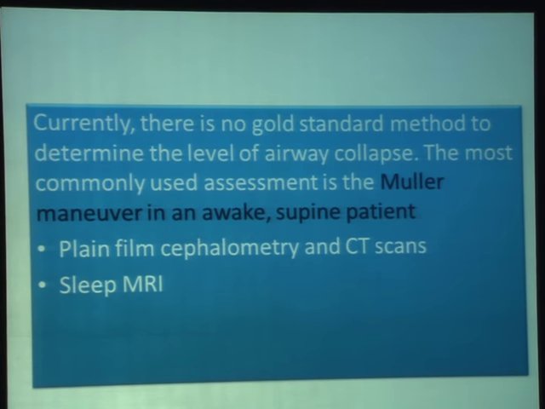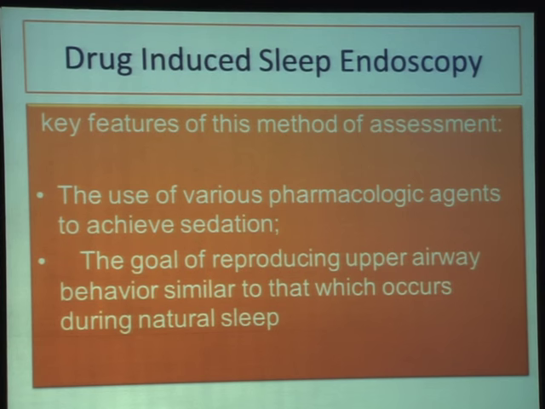Currently, again, there is no gold standard method to determine the level of airway collapse. However, the most commonly done for most of us is the Muller's maneuver in an awake supine patient. There are others. There are plain cephalograms, cephalometries, CT scans, cine MR. So one such method is drug-induced sleep endoscopy.